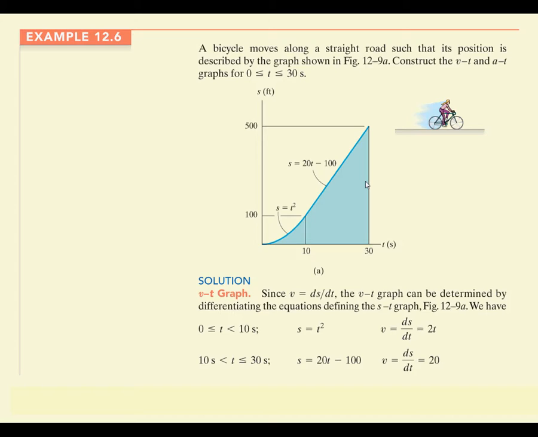Between 10 seconds and 30 seconds, the position is 20t minus 100, and then you have that the velocity is ds/dt. Take the derivative of this equation and you got it.